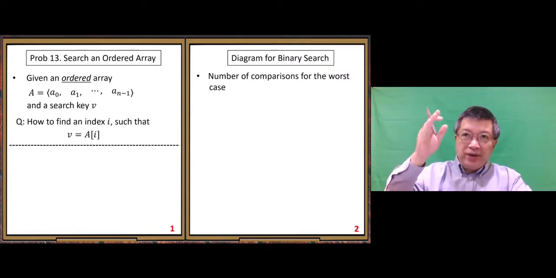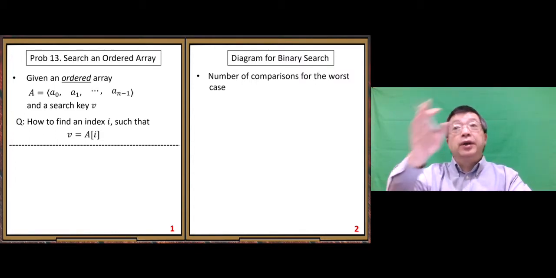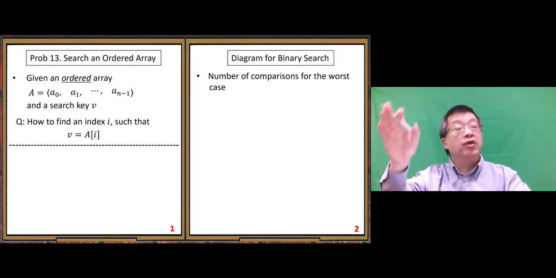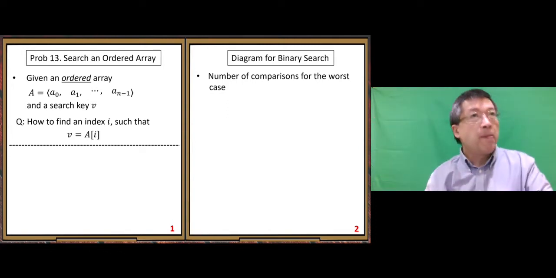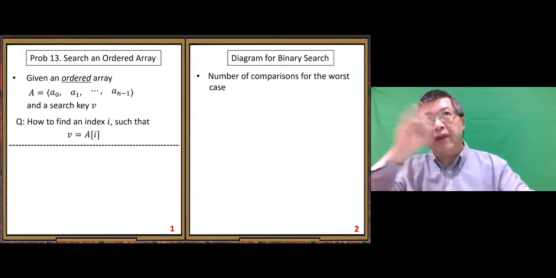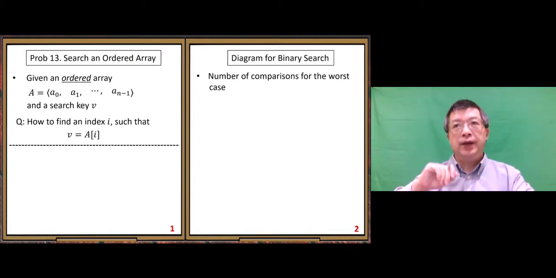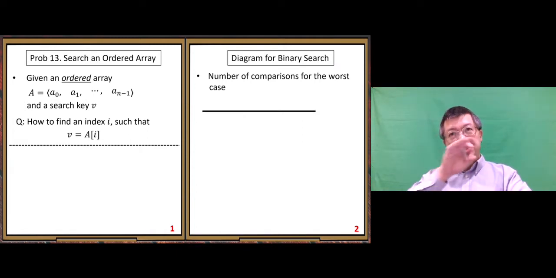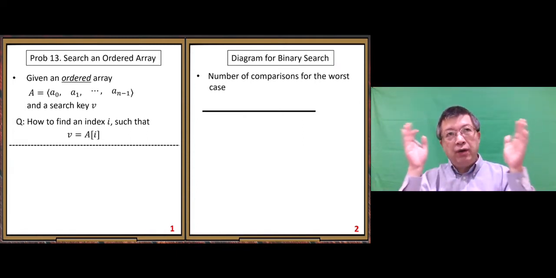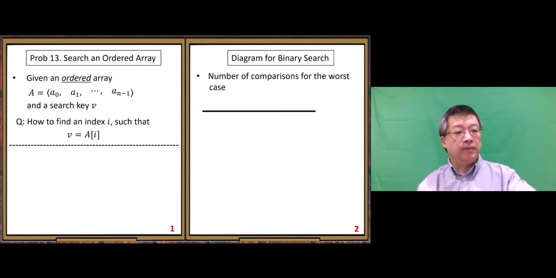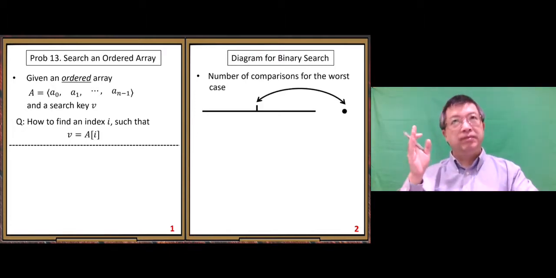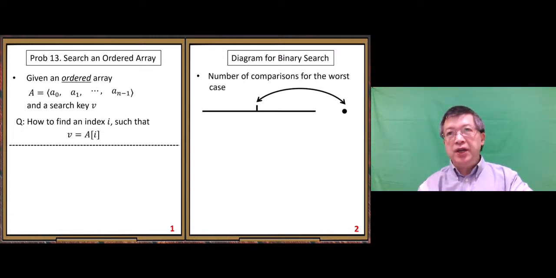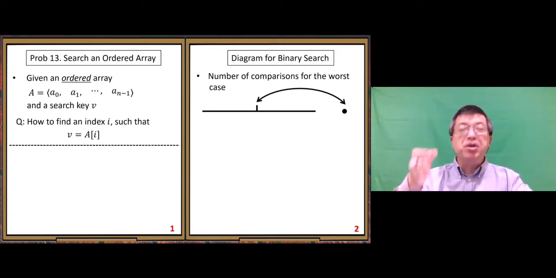But when we run it, we want to look at the number of comparisons for the worst case. For other cases, we look at later. Okay, the worst case first. Let me use this line to represent the whole array of the original data. Now we have our given key, V, to compare it with the median.